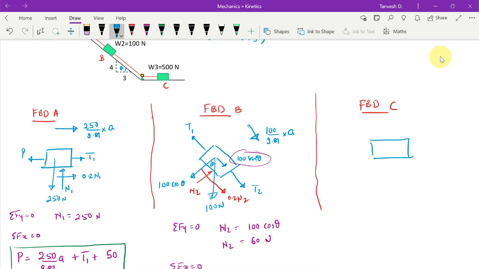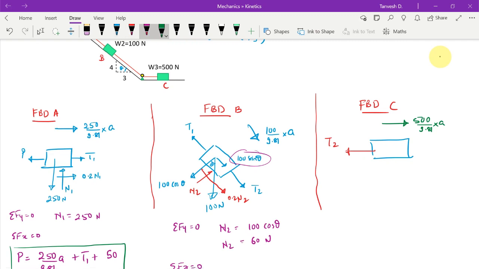So this is the FBD of C. Here we have the tension force T this way, and this is your T2, right? T2 is there, and now the movement is happening along the left, so the inertial forces will be 500 divided by 9.81 into A, in this direction. And what else we have?